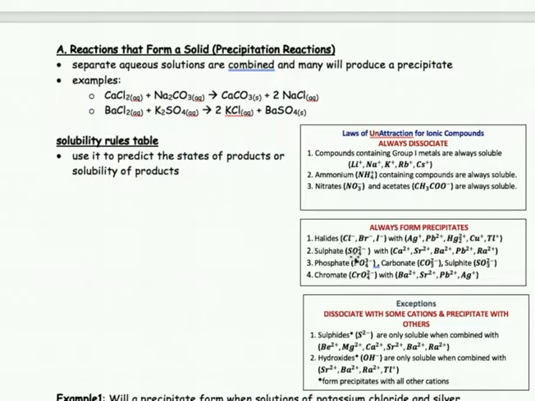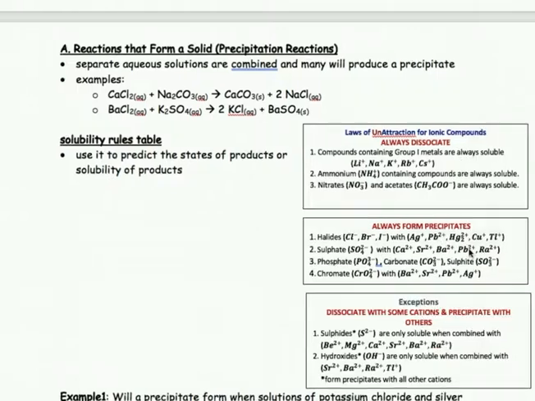So halides, so chlorine, bromine, iodine, if you combine with silver, or lead 2, pay attention to what charge it is, because if it's lead 1, that means it'll be soluble, but if it's lead 2 with chlorine, it will form a precipitate, so it has to be solid.